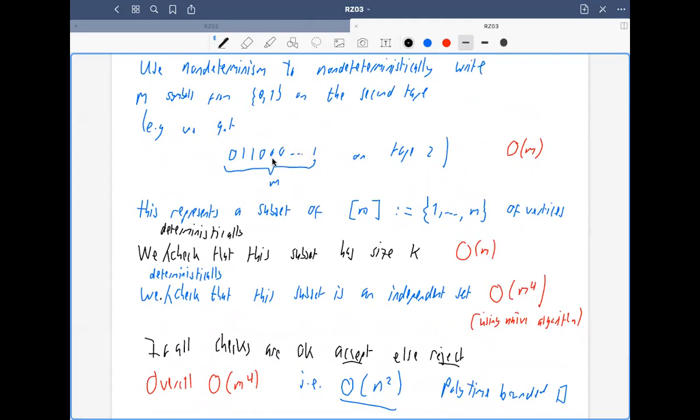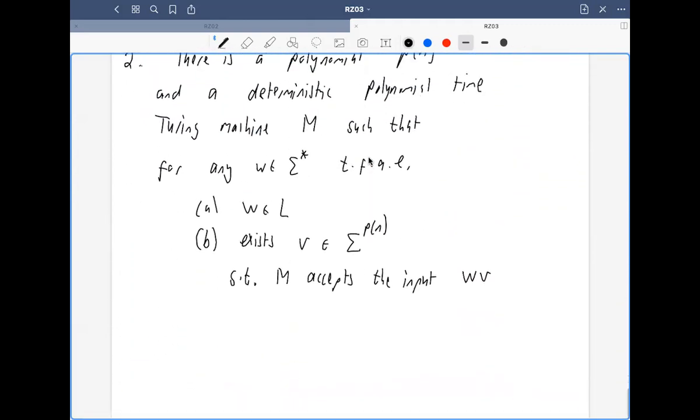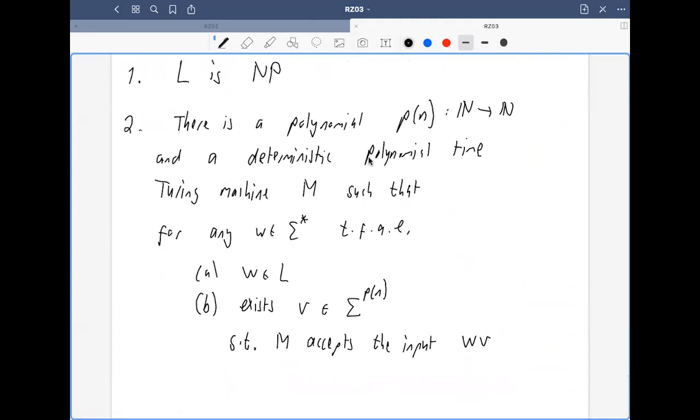But in this case, we could pad out the certificate by saying, let's make the polynomial size n if we want to. It doesn't hurt us to be given some more information, and we'll just use the relevant amount of information from it. The point is, we're looking at problems where, if we're given some more information V, we can verify that our instance W satisfies the condition.